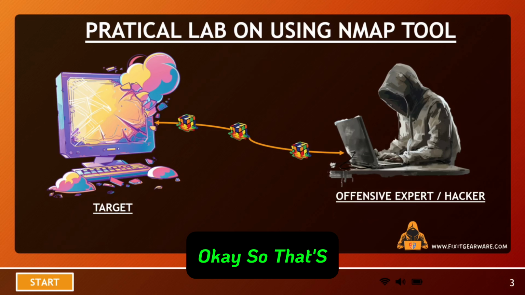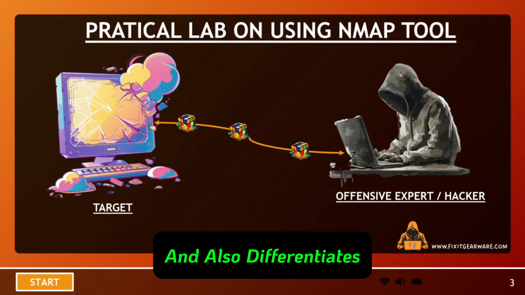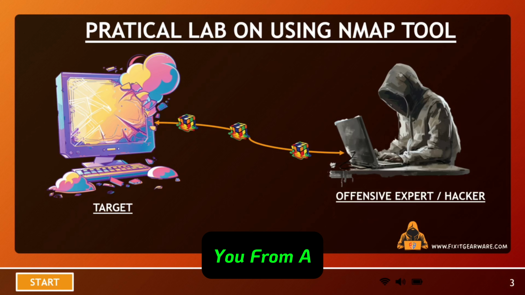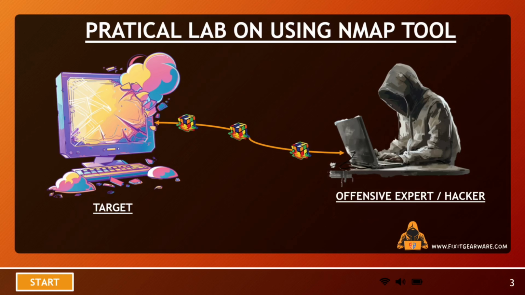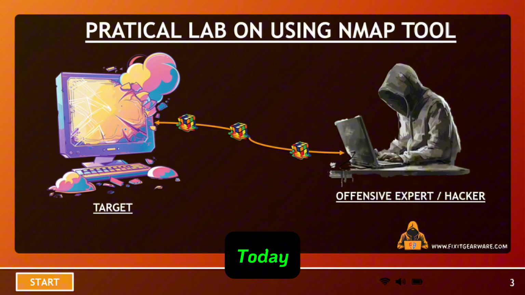Okay, so that's what makes you an experienced offensive expert or hacker, and also differentiates you from a script kiddie. So with that being said, let's just demonstrate a few of these Nmap commands and of course show you what we have in store for you today.